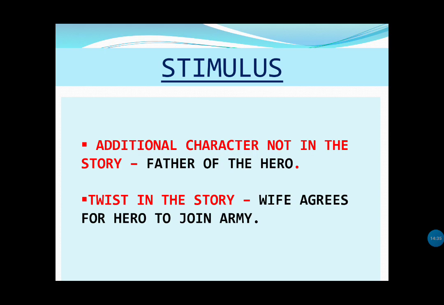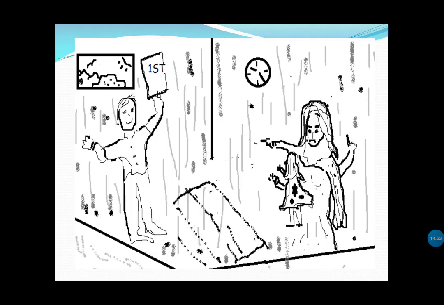Now here, if I was a candidate, I would have used a stimulus, like the father of the hero, and a twist in the story, that the wife agrees to the hero joining the army. What I thought of in this scene is that the man enters the house with a report card that he came first in the selection test of the army and he is going to join the army.